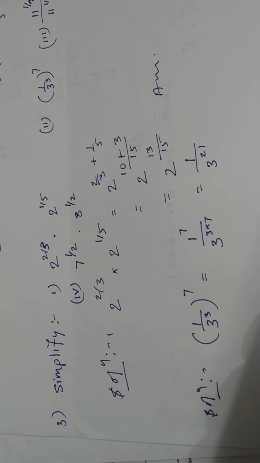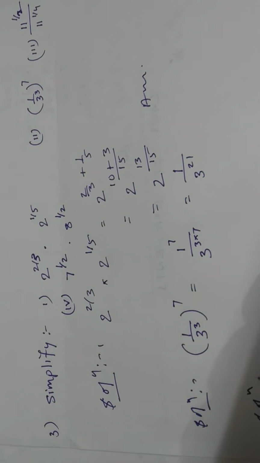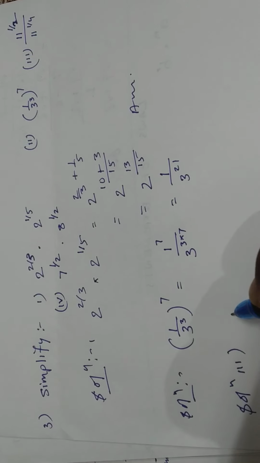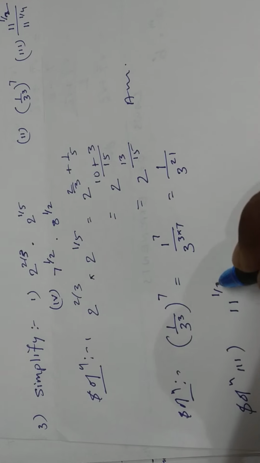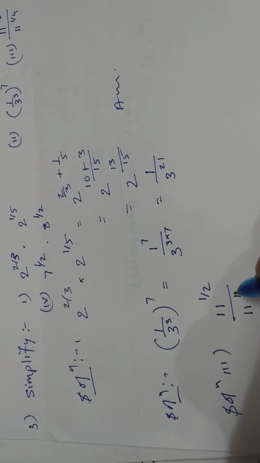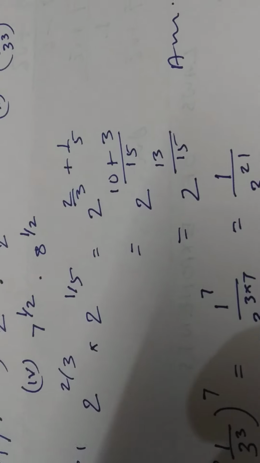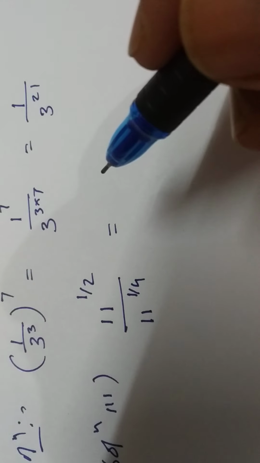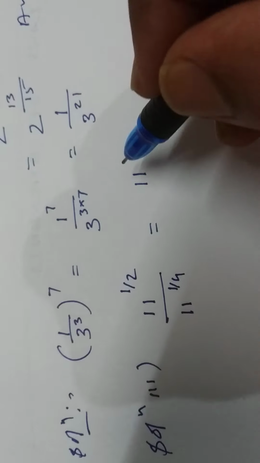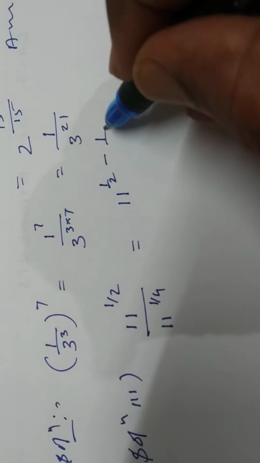See the third one, solution of the third one. Third one is 11 power 1 by 2 upon 11 power 1 by 4. When multiplying, it means addition; division means subtraction. So it will be what? Upon means division: 11 power 1 by 2 minus 1 by 4.